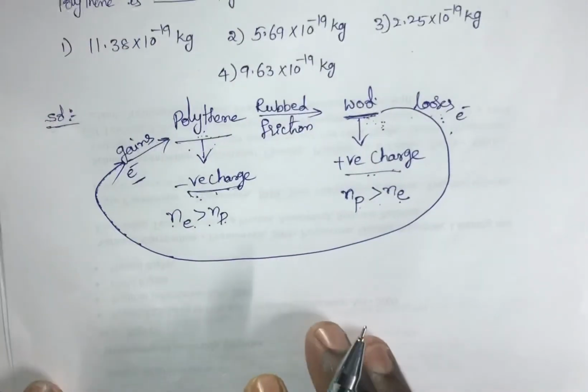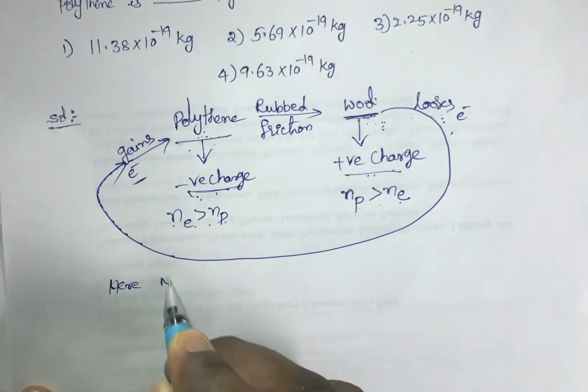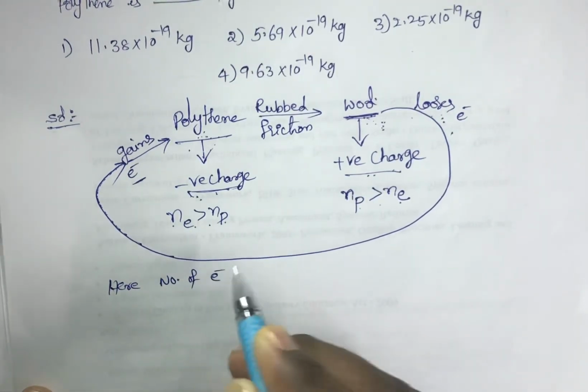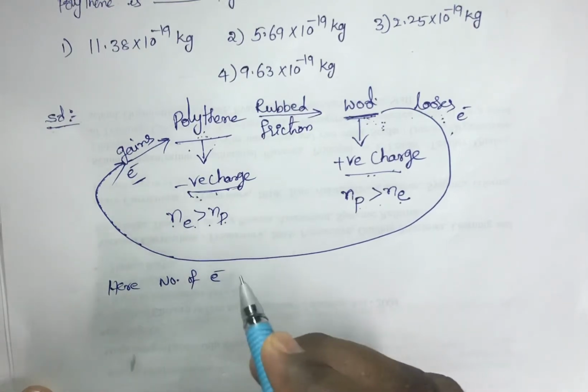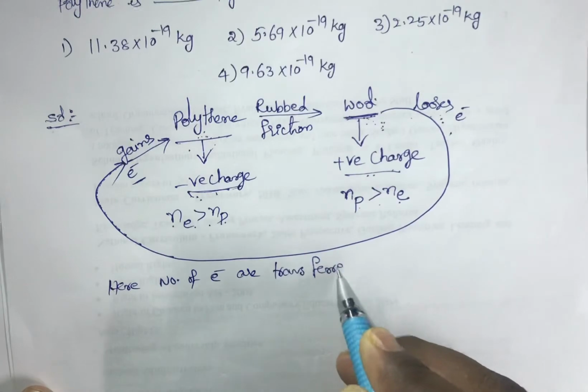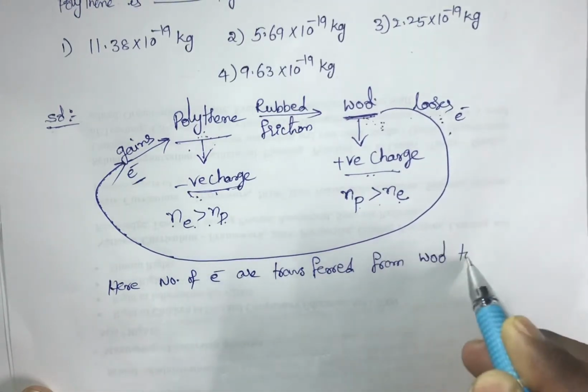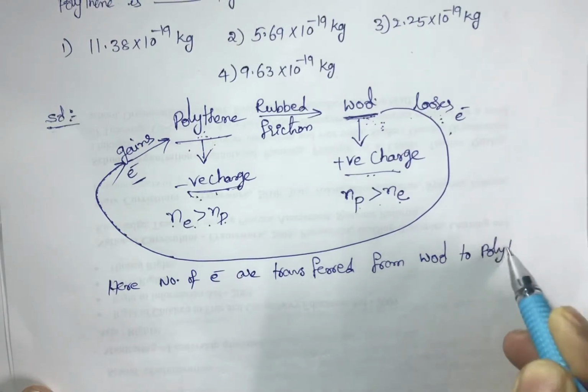Come to the solution. In the solution, a number of electrons are transferred from wool to polythene.